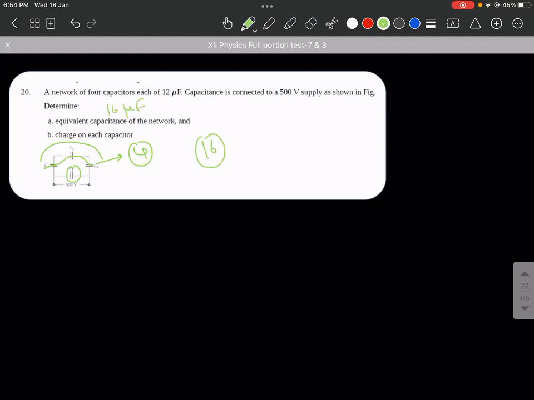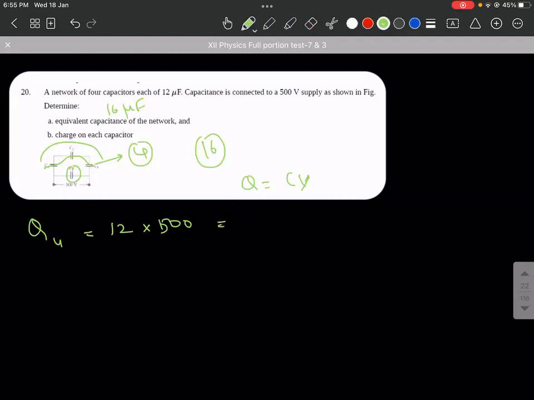And what is the charge on each capacitor? So what is the charge on the 12 microfarad capacitor? It is 12 into 500. Q is equal to CV. So it will be 12 into 500 into 10 power minus 6, or I'll leave it as micro itself.